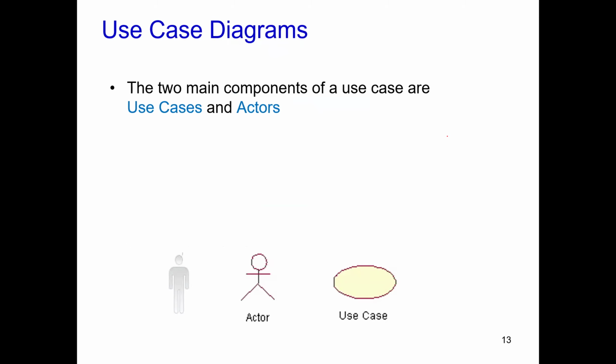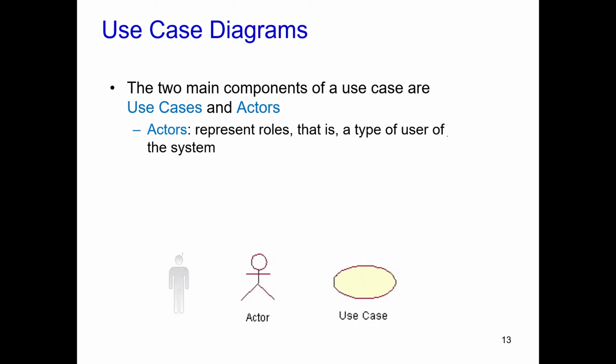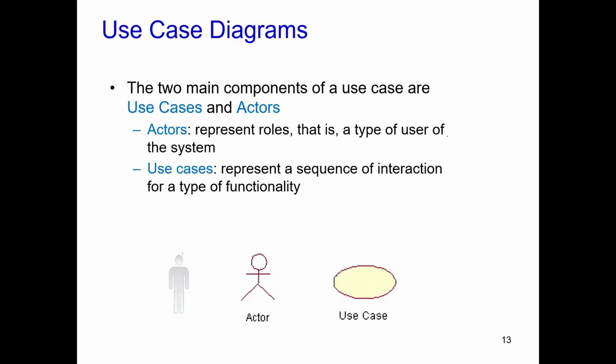The actors represent roles, that is, a type of user of the system. The use cases represent a sequence of interactions for a type of functionality. The actors are the ones triggering those functions. Those use cases represent functions that the system must perform, and the actors trigger them.